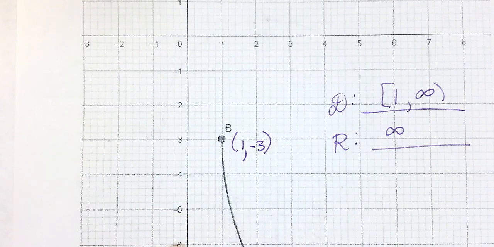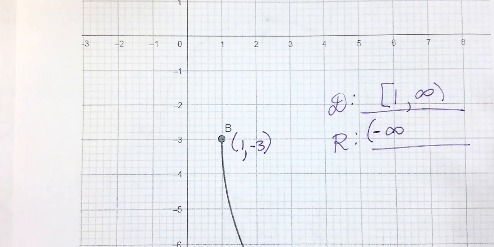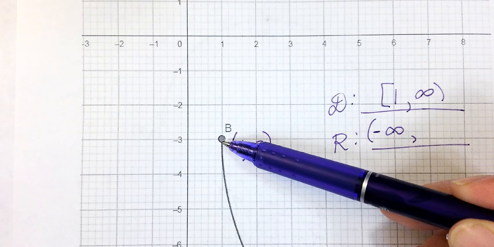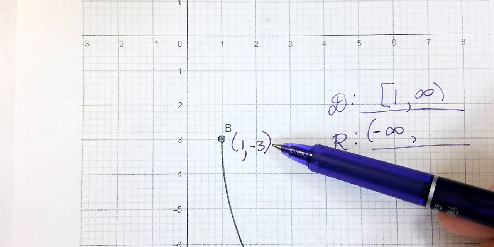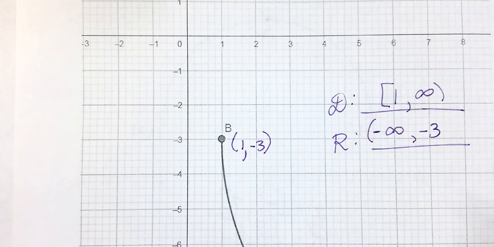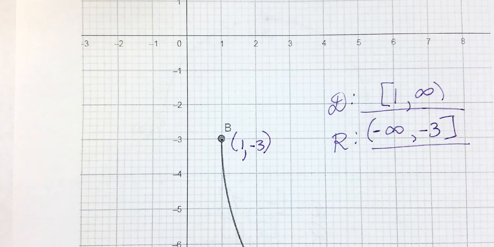This is negative, so it's going in the negative direction. So this is actually going to be negative infinity. And just like we did before, if it's infinity, we need parentheses because we can't say a certain number is included in this interval. All right, now if we go up, what is the highest y value here? So we stop at this point and that y value is -3. So we're going to include that here.